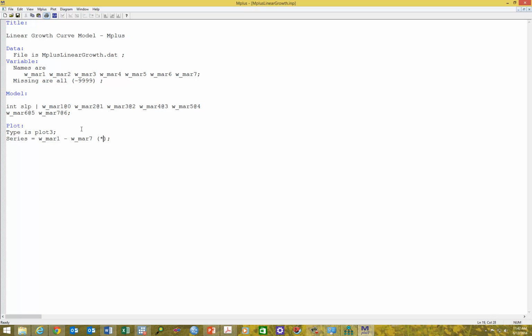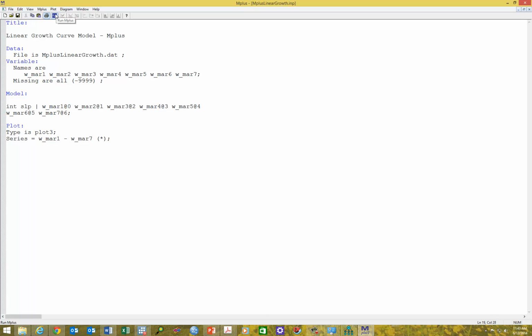If for some reason these were different, if you had different values up here, you want to put SLP, or the value of your slope that would be included in there. But for our purposes, SLP here or a star would be the exact same values. So we can just put a star there.